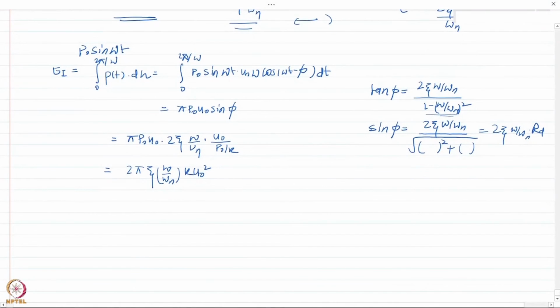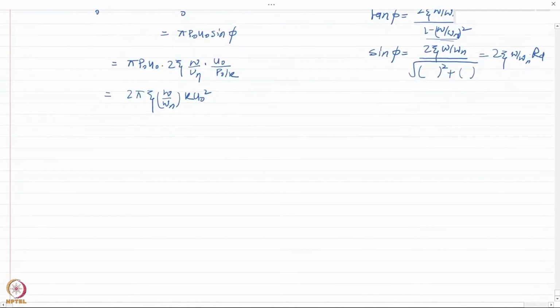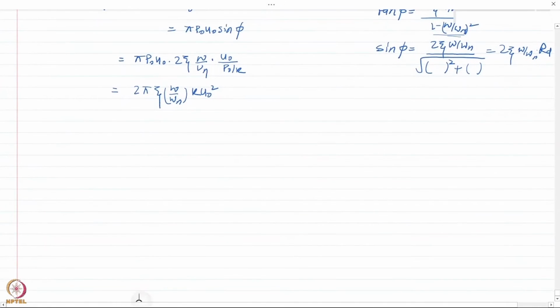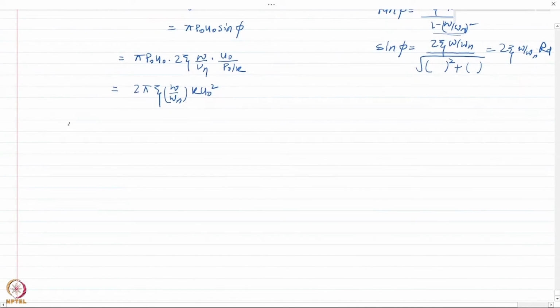Now you might be curious about what happens to the spring energy, the internal energy, which is basically ES. Remember, even at steady state your spring is undergoing deformation and the mass is undergoing velocity. So they would have potential energy, which is the spring energy. I can write it as FS du, which I can further write as K u times u dot dt, and you can substitute the expressions again and integrate over 2 pi by omega.